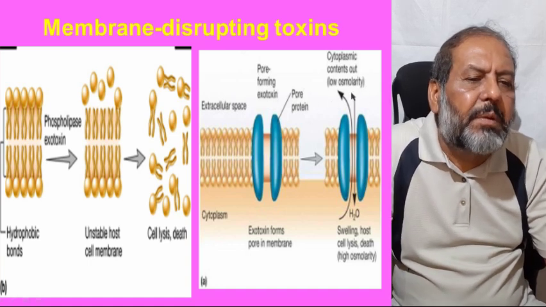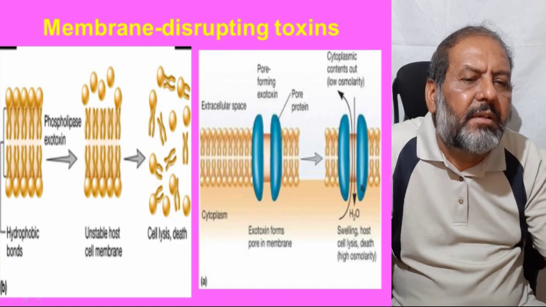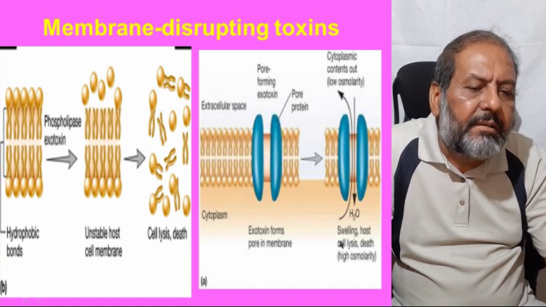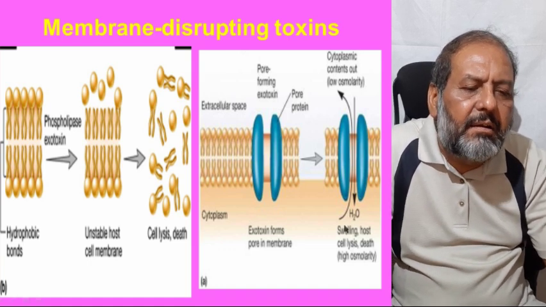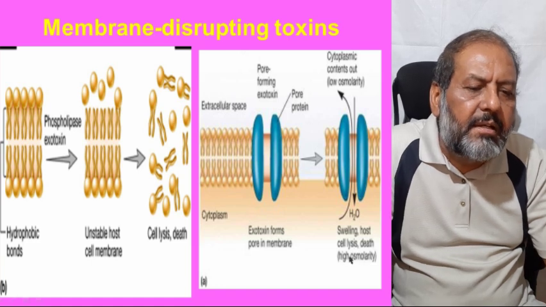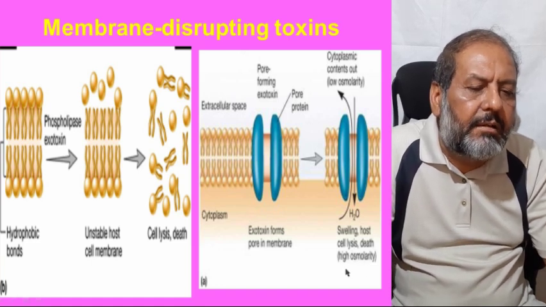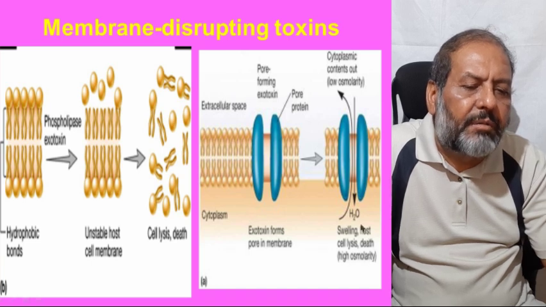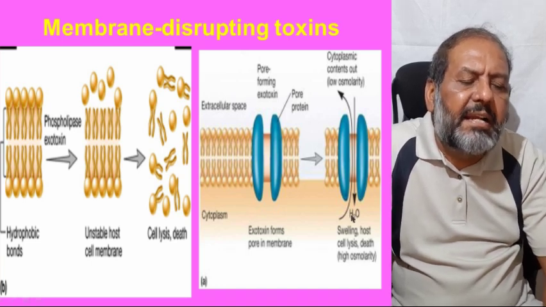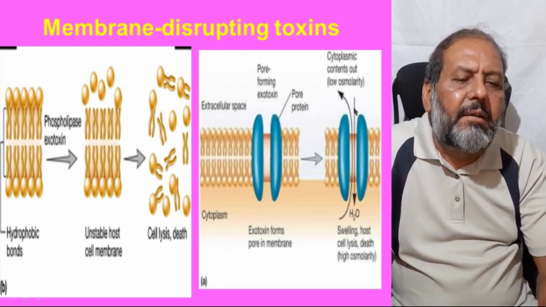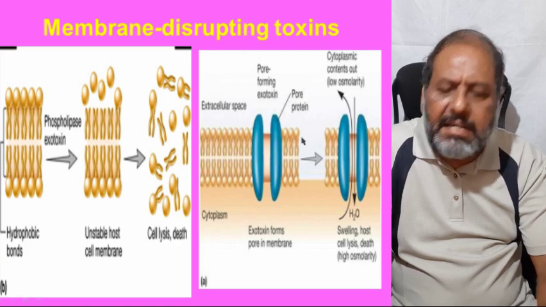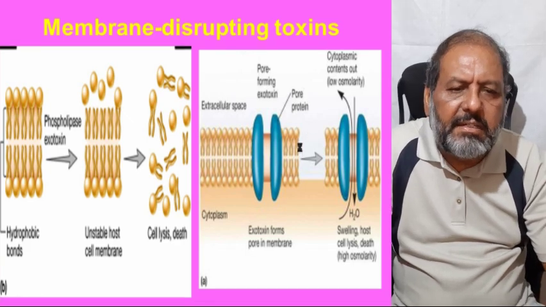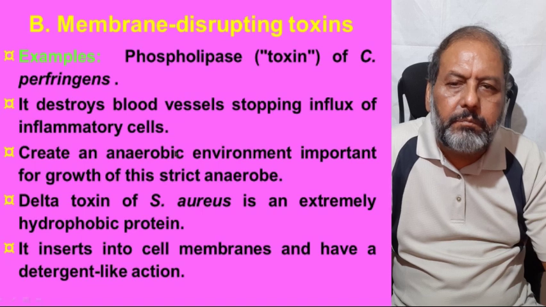Here, the cytoplasmic contents go out, because the bacteria and their exotoxins cause swelling of the host cell, lysis, and death of the host cell because of the high osmolarity, and the contents of the host cell leak out, ultimately causing the death of the host cell.